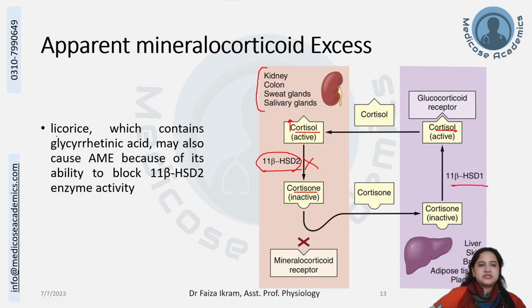A very simple condition is the presence of this compound, glycyrrhetinic acid, in the food, which if taken in larger amounts can lead to inactivation of this enzyme, 11 beta hydroxysteroid dehydrogenase, which leads to the apparent symptoms of mineralocorticoid excess, whereas mineralocorticoids themselves are not in higher amounts. That is why it is called apparent mineralocorticoid excess.